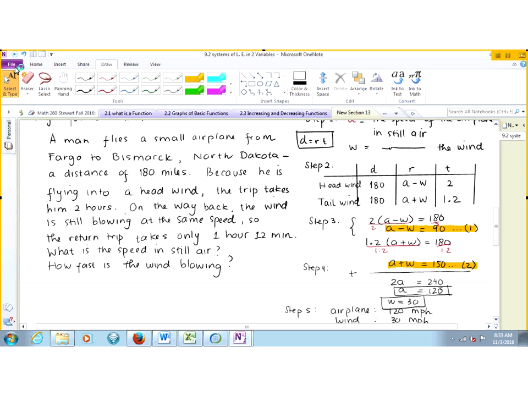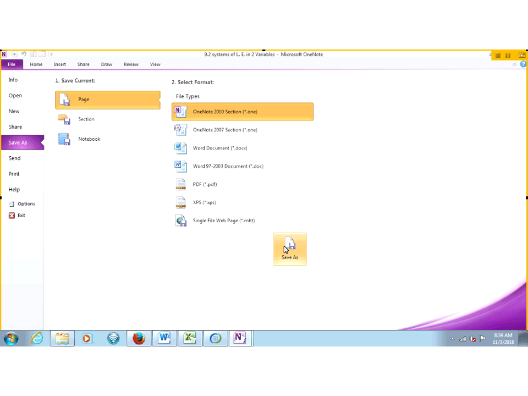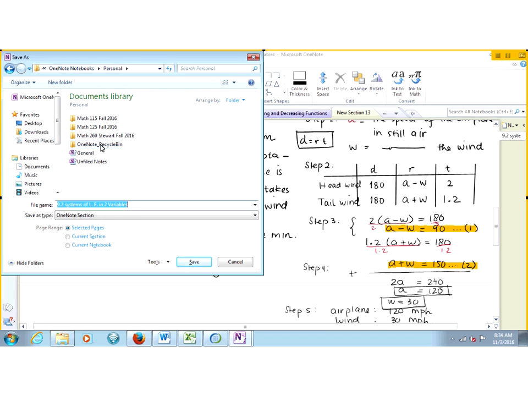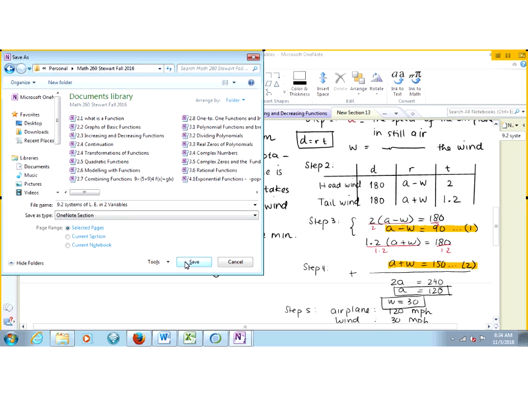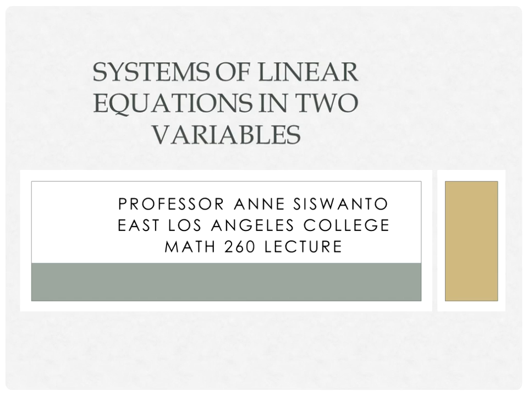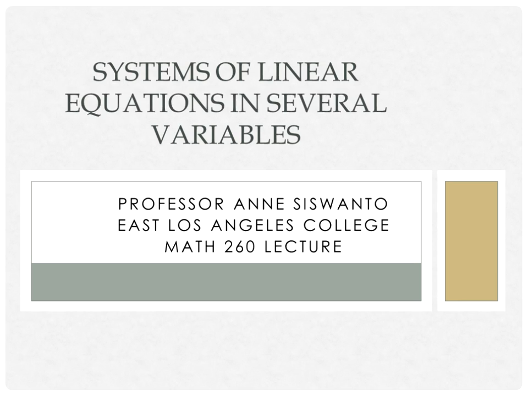All right. So let's save this, 9.2. Now, let me close this a little bit, and we say we're done with 9.2, systems of linear equations in 2 variables. So we will start with the next one, which is systems of linear equations in several variables.